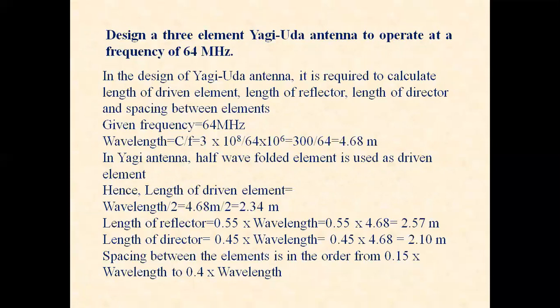Length of the reflector is 0.55 lambda. Length of the director is 0.45 lambda. Spacing between the elements, we can take it as 0.15 lambda to 0.4 lambda, whichever is convenient, so that we can adjust the radiation resistance. So this is the design consideration of the Yagi-Uda antenna for a given frequency of operation.